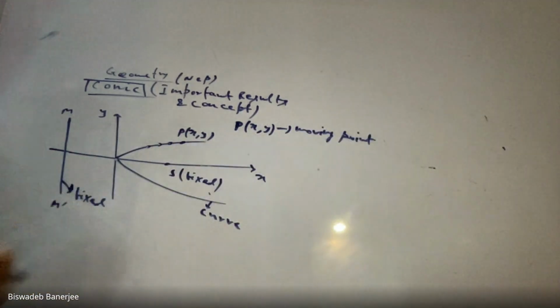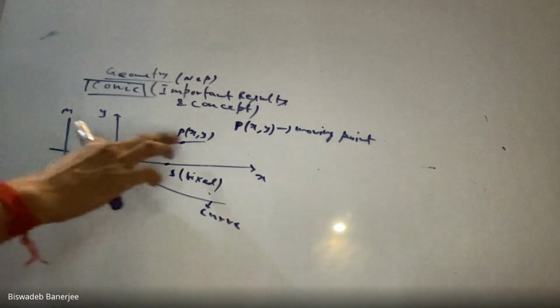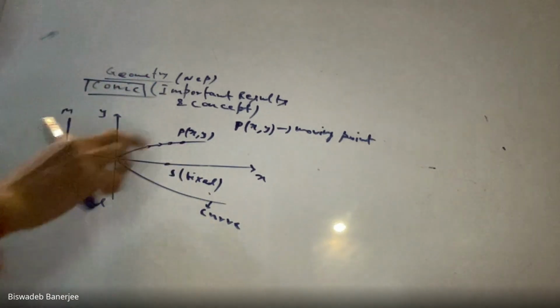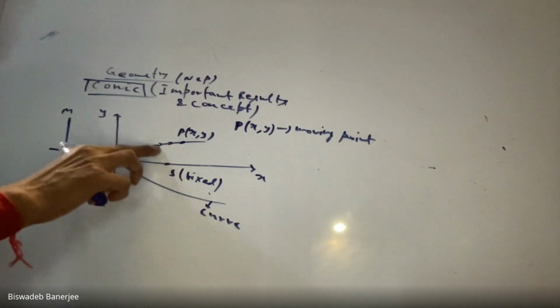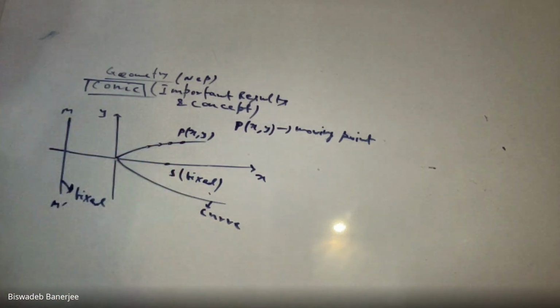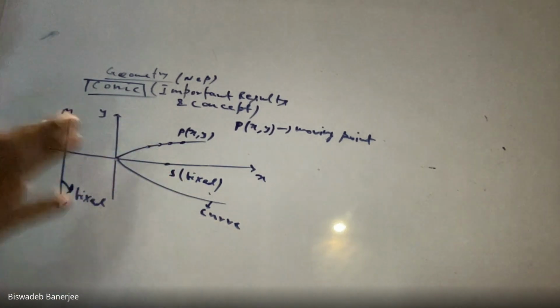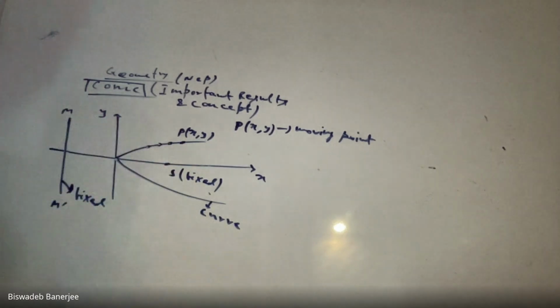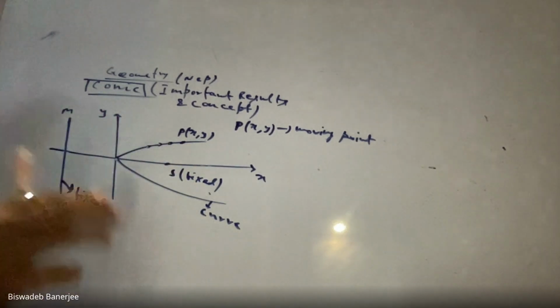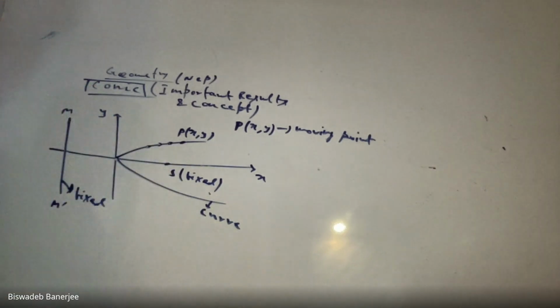That means the position of P is not fixed. It's a very important concept. Now suppose we are taking the point P here. You can also take the point P here, or here. Whatever you want, you can move the point P. But let us take the point P here.